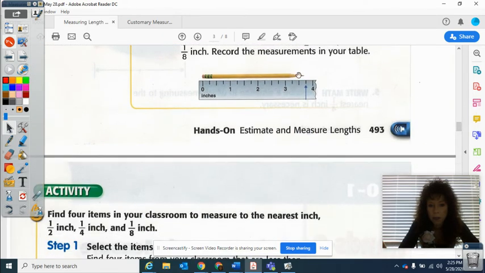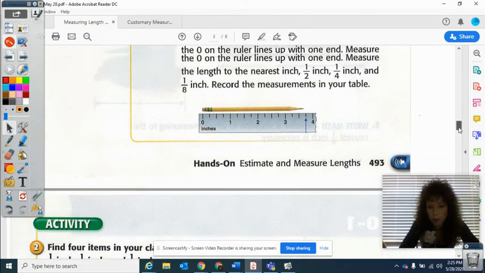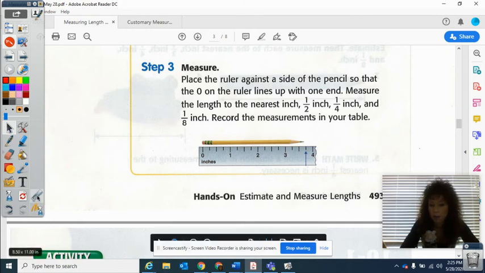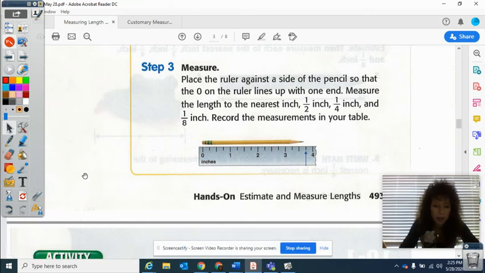All right, so let's look at their example. And this ruler is probably a little bit easier to read than the one that I have as far as the tools for the Active Inspire, but let's just do our best with it. So the directions say place the ruler against a side of a pencil. So here's my pencil.